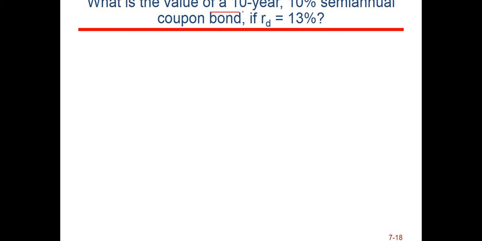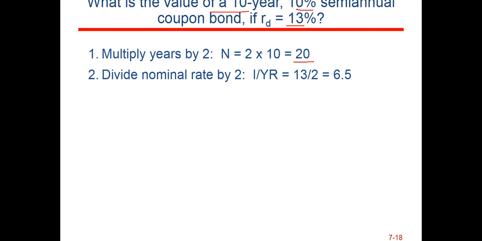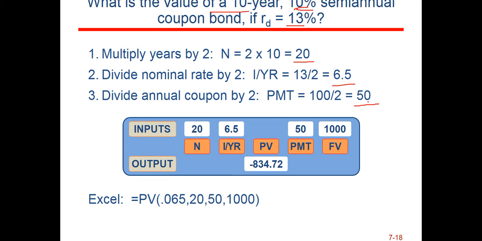What is the value of a 10-year bond that is 10% semi-annual, if the interest rate is 13%? Now, the number of periods is 20 because it's semi-annual. For each period, the market is demanding 6.5% interest rate. With a 10% coupon rate, which is $100 a year, for each period you are getting $50.